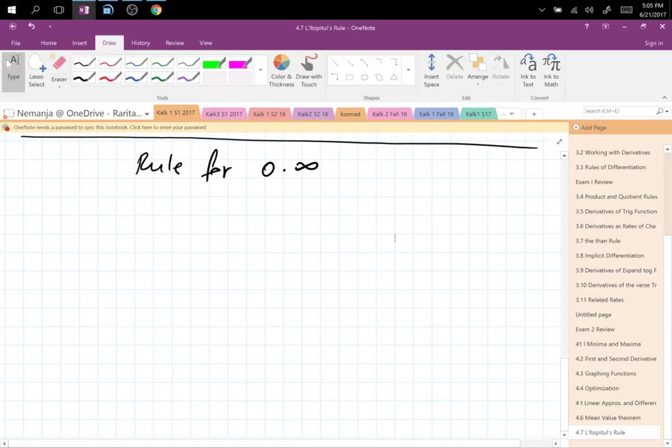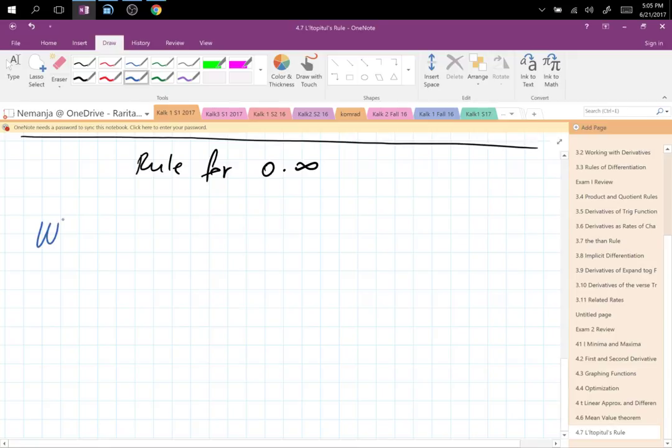So the next order of business is for us to discuss the 0 times infinity. This is not a basic form. There is no L'Hopital rule for this. But what we have is the algebraic manipulation that will transform the problem into one of the forms.